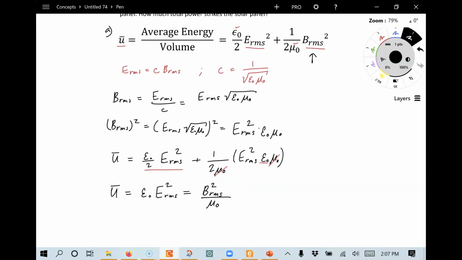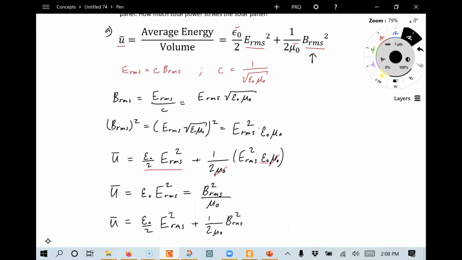And so if we want, we can write the whole equation: U is equal to epsilon naught over 2 E RMS squared plus 1 over 2 mu naught B RMS squared. And if you notice, these two are each half of the whole, and so the electric field and the magnetic field each store half the energy in the electromagnetic wave.